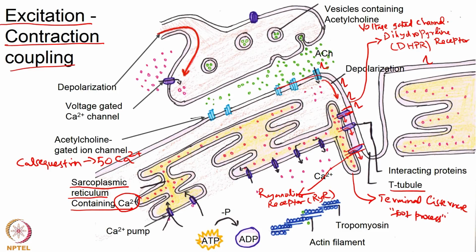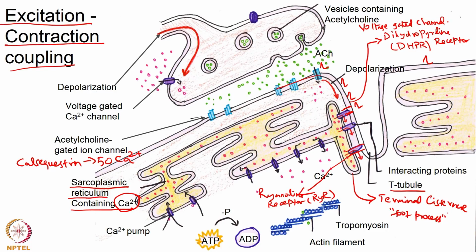So, this is like pulling the other channel open. The ryanodine receptor channel is opened by the voltage gated DHP receptor. So, whenever an action potential arrives at the T tubule, the DHP receptor opens and it causes, through its foot processes, opening of the ryanodine receptor. Note that the ryanodine receptor itself is not on the T tubule, but on the terminal cisternae of the sarcoplasmic reticulum.